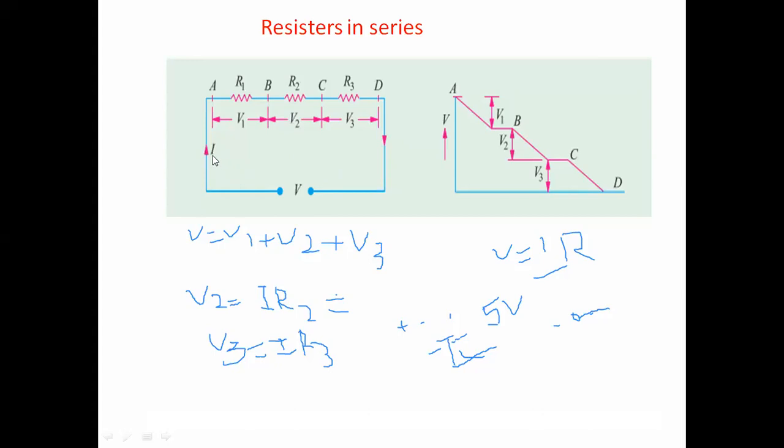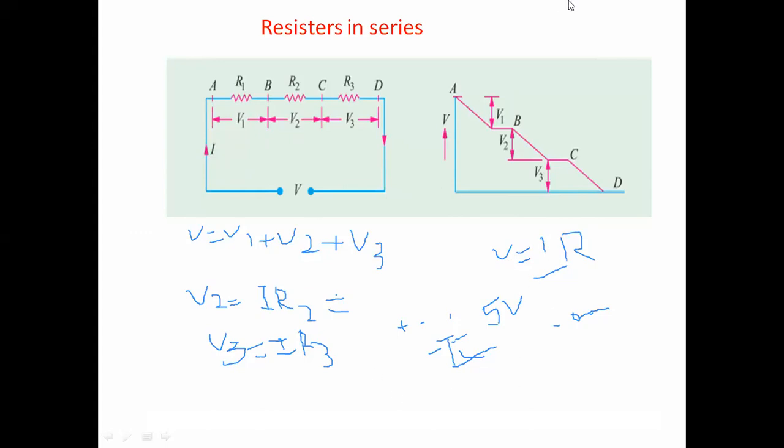Due to this current, some voltage drops occur. We can find this voltage drop as V1 equals the current I times the resistance, by using Ohm's law.